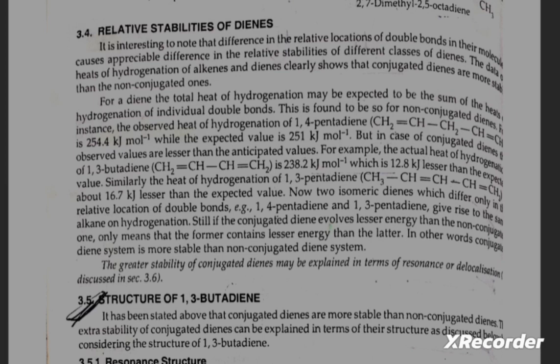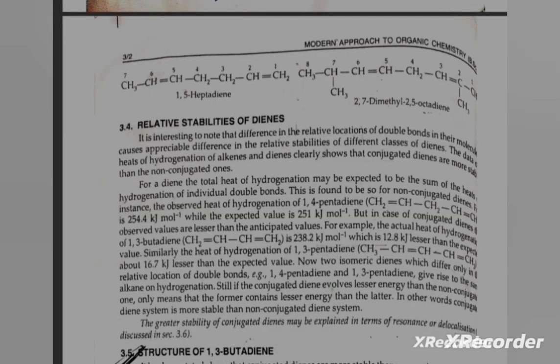Relative stabilities of dienes. It is interesting to note that the difference in the relative location of the double bonds in their molecules causes appreciable difference in the relative stabilities of different classes of dienes.